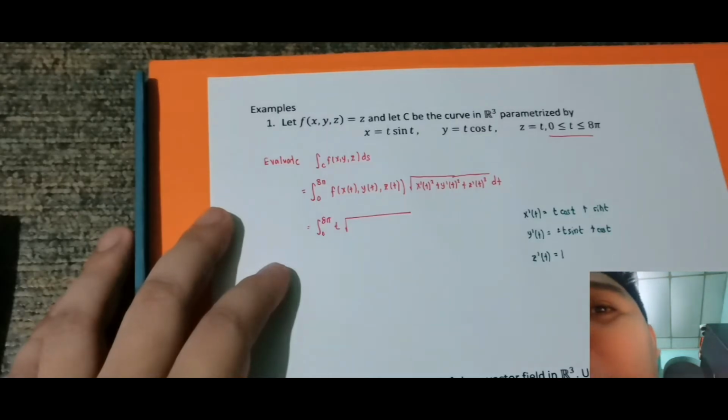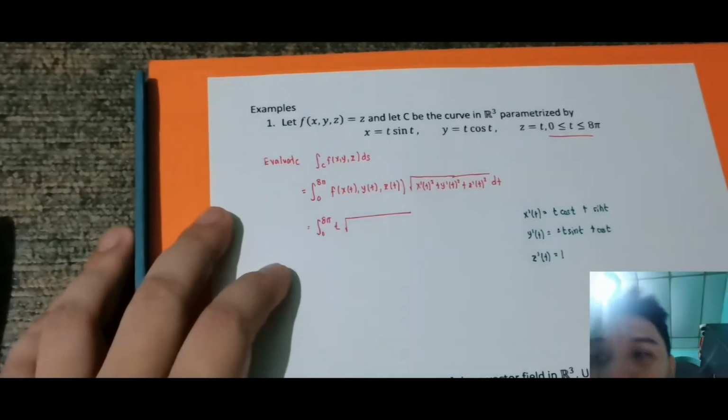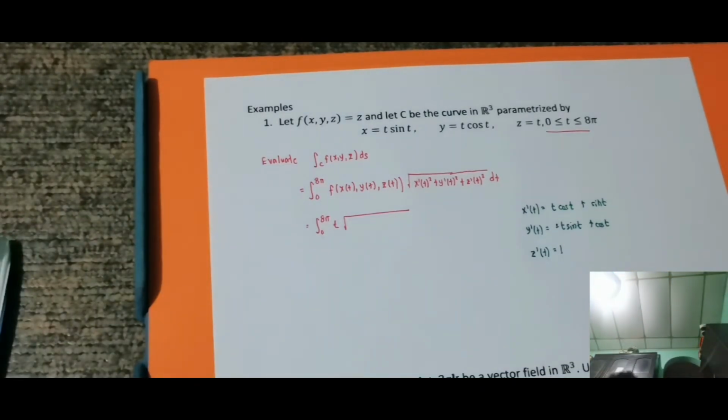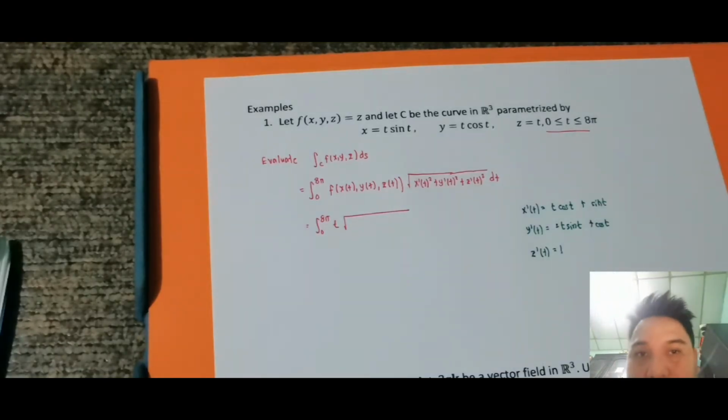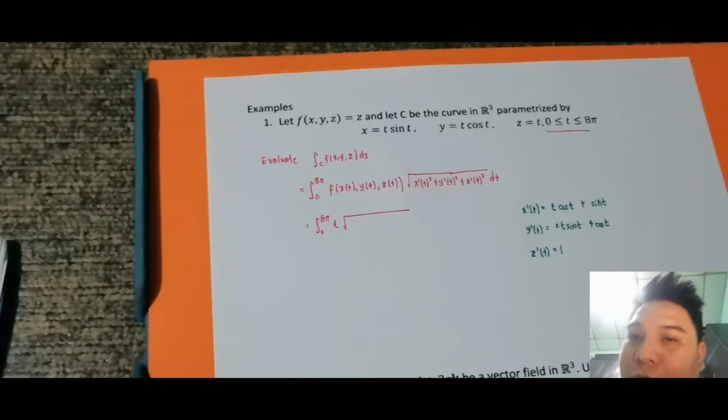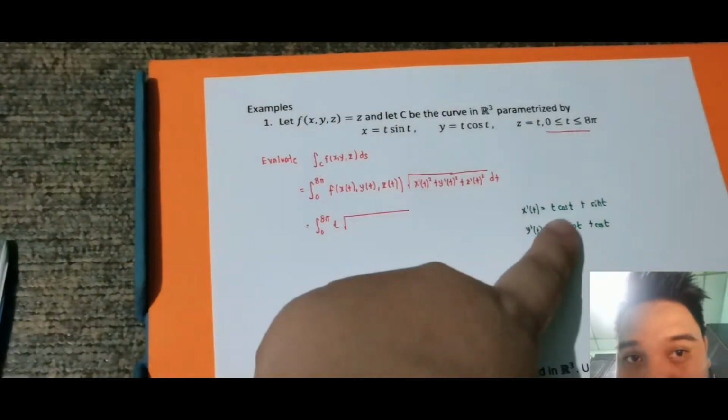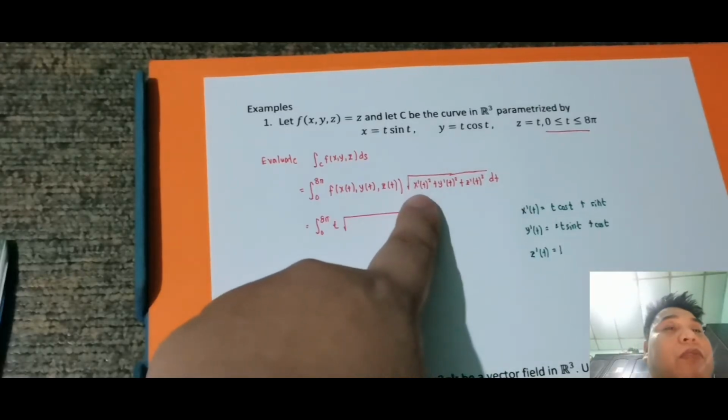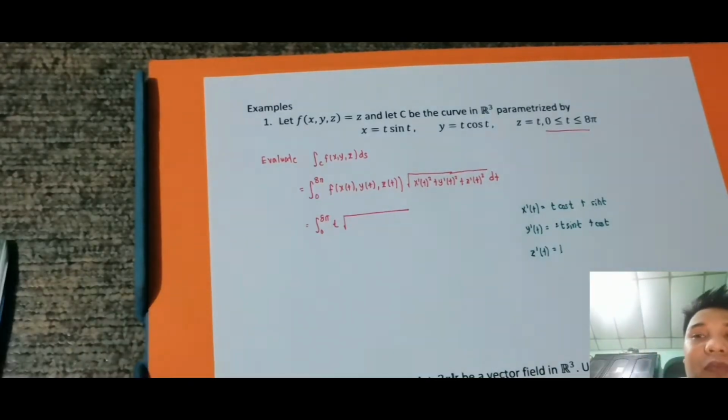Okay, so note, i-square natin tong part na to tsaka tong part na to, kasi i-square natin yung mga yan, ilalagay natin dun sa loob ng ating square root. So square natin sila lahat, no. So mangyari, square ko na tong part na to kasi is x prime of t square siya.